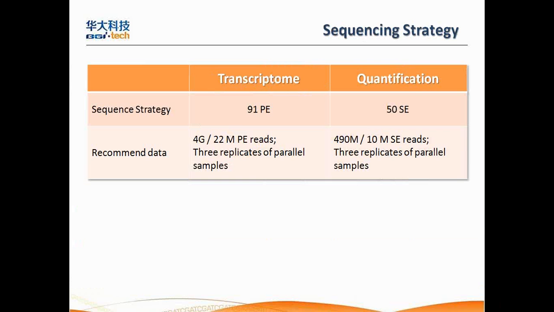And the sequencing strategy. Here, I'm mostly talking about the transcriptome, both the de novo sequencing and resequencing. We will use such a sequencing strategy. That is, this P indicates the paired-end sequencing, and this 91 means we will sequence 90 nucleotides from both ends.